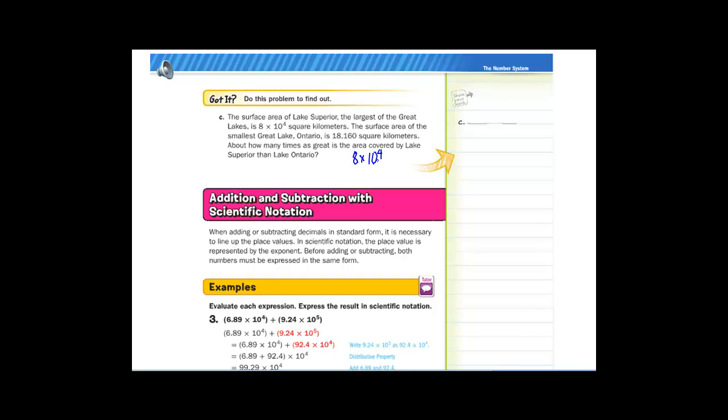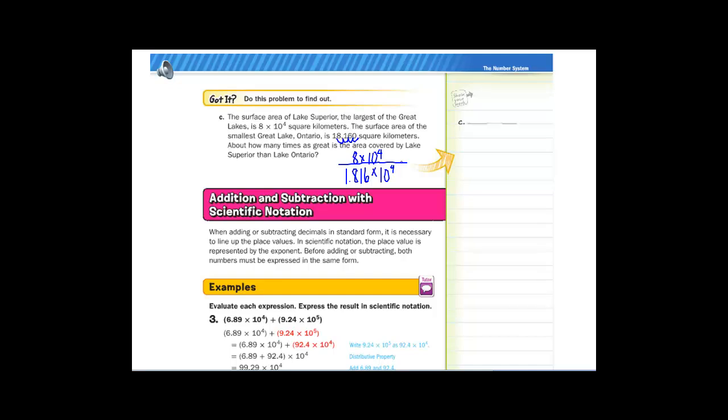Written in scientific notation, that would be 1.816 times 10 to the, and you'd have to move it 1, 2, 3, 4. So 8 times 10 to the 4th divided by 1.816 times 10 to the 4th.